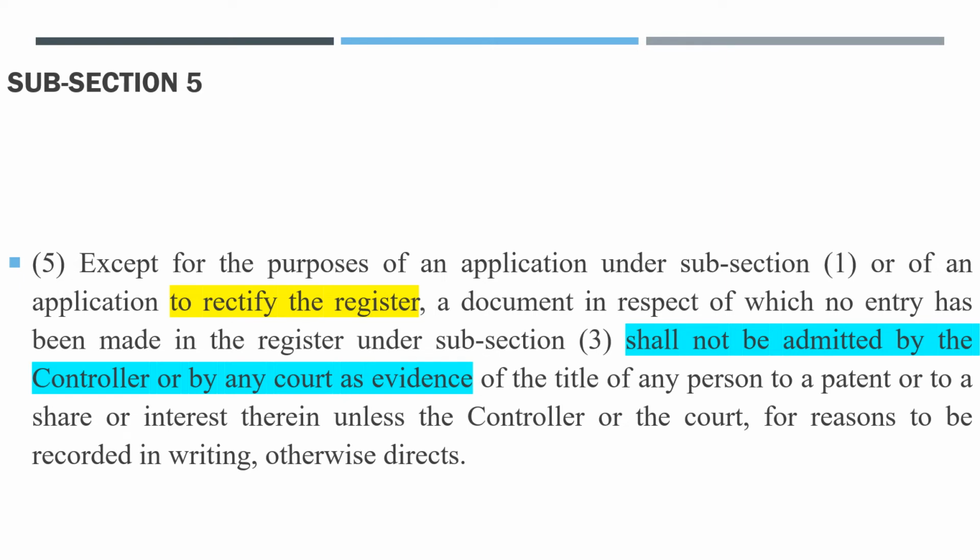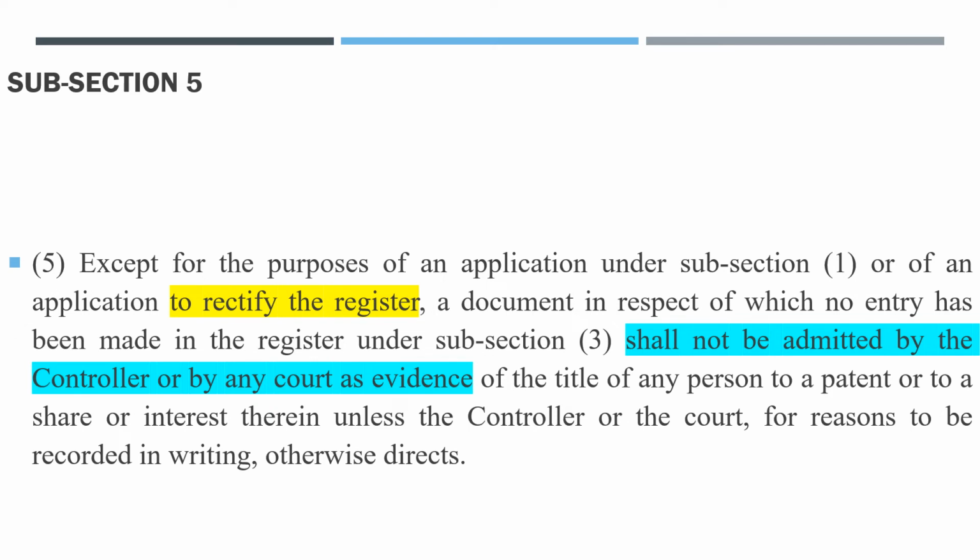That means the court or the controller demands the reasons in writing. Fine. And what is the exception? The exception is for the purposes of an application under section 69 subsection 1 or an application for rectification of the register. These are the exceptions.